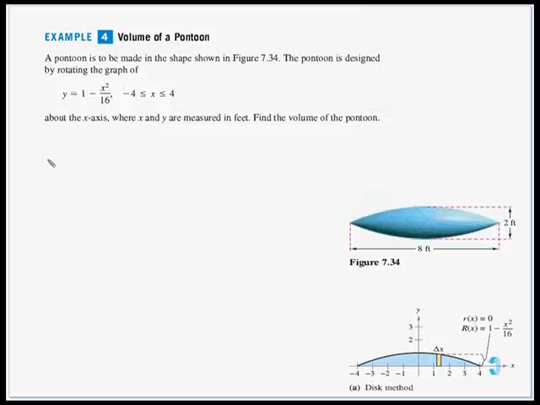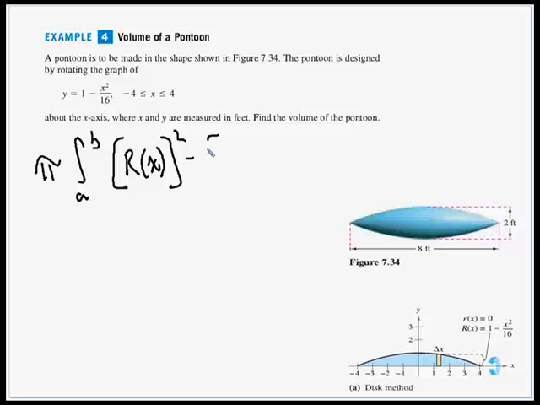So we're going to go back to our old formula, pi, the integral from a to b of capital R of x, our outer radius squared, minus lowercase r of x, our inner radius squared, dx. So let's plug in our problem's numbers.